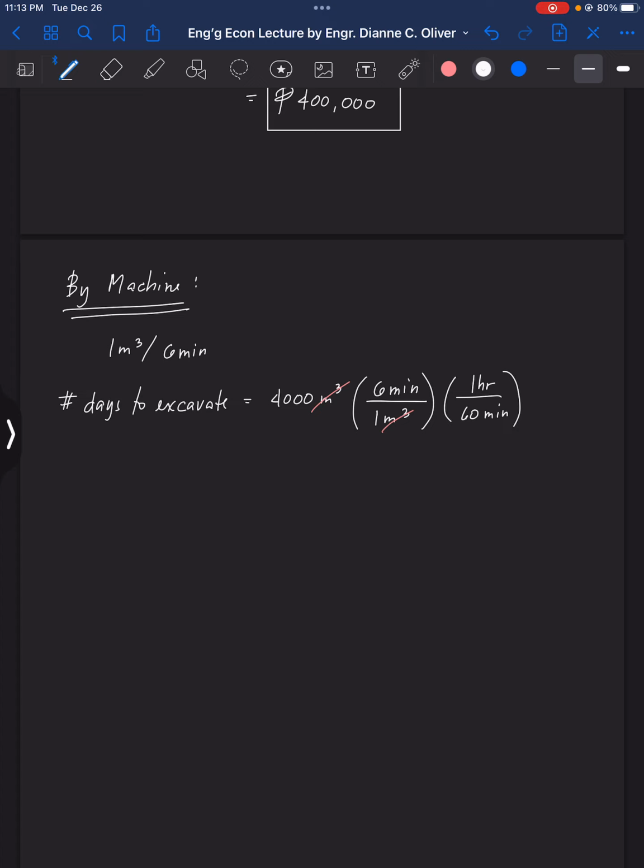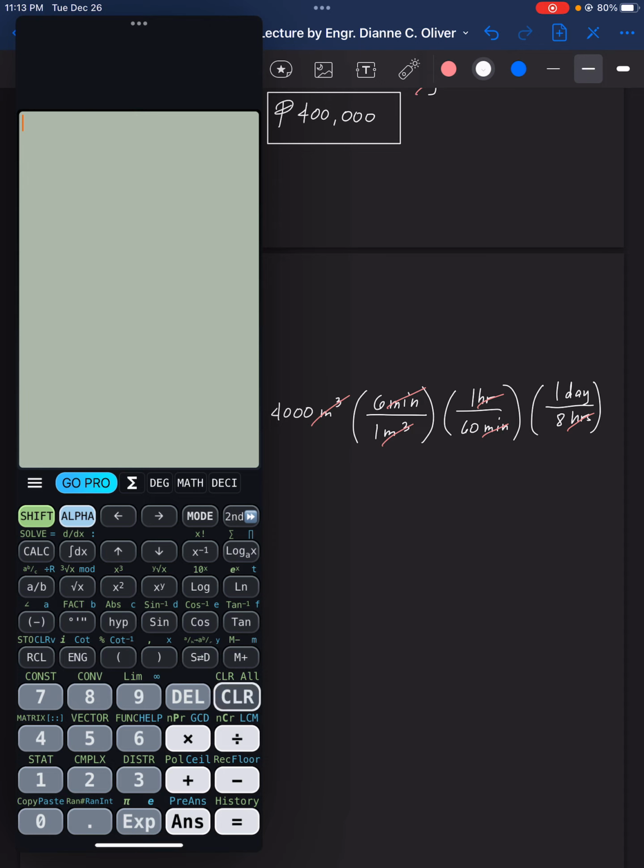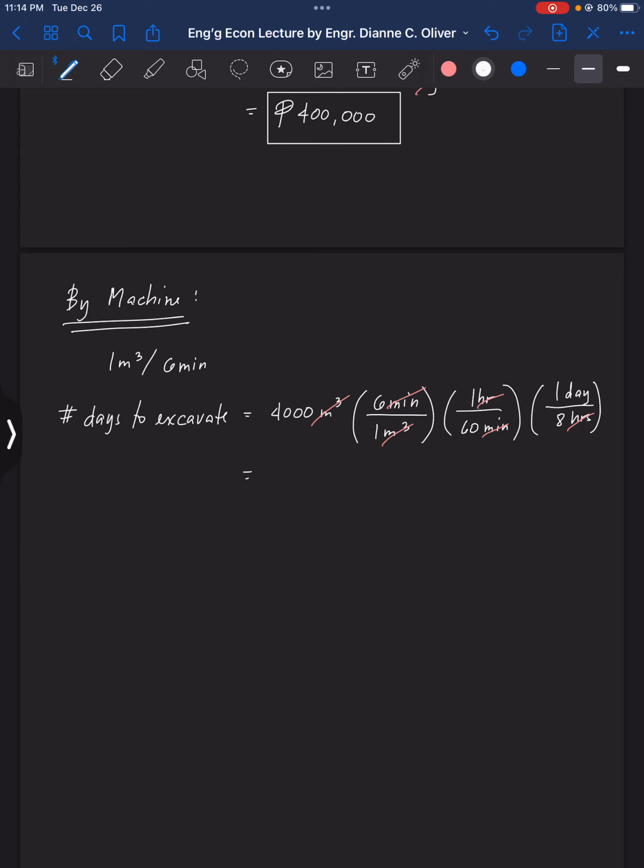Cancel minutes. Now how about in 1 day? So in 1 day, that will be 8 hours, not 24 hours, as stated in the problem. So that is 4,000 times 6 divided by 60 times 8. That's 50 days to excavate.